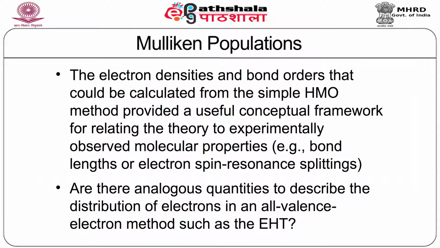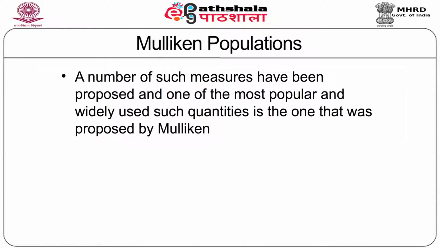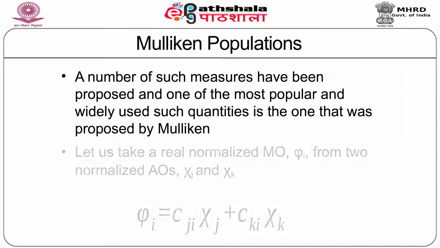Are there analogous quantities to describe the distribution of electrons in an all-valence electron method, such as the extended Huckel theory? A number of such measures have been proposed, and one of the most popular and widely used is the one that was proposed by Mulliken.